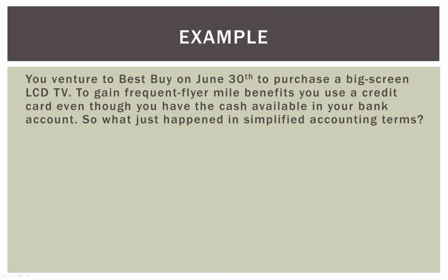Now, to gain frequent flyer mile benefits, you use a credit card, even though you have the cash available in your personal bank account. You go ahead and use the credit card anyway because it has the benefit of frequent flyer miles. If you do this transaction in the Best Buy using your credit card, what just happened in simplified accounting terms?